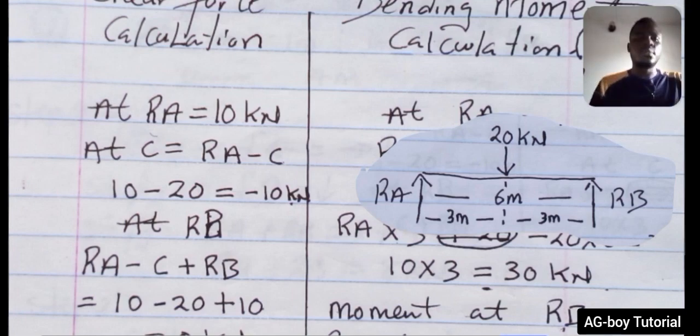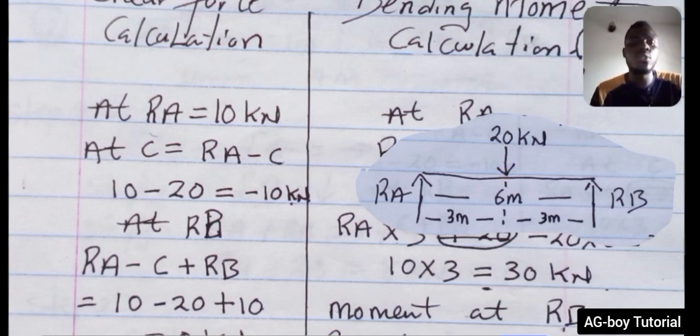When we draw the shear force and bending moment diagram, you are going to see how it's done. Then for at RB, we have RA, which is this one here, minus the 20 kilonewton, which is pushing the beam downward.